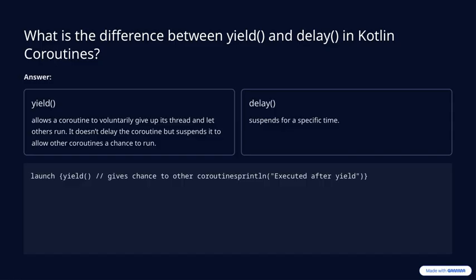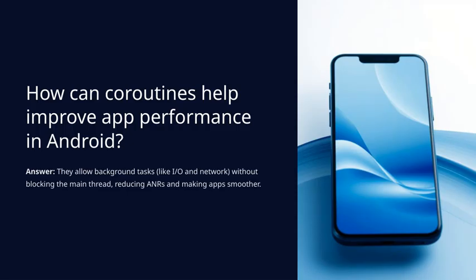So let's talk about how coroutines can really boost your app's performance on Android. Essentially, they allow us to run background tasks, like I/O operations or network requests, without blocking the main thread. This is a game changer because when the main thread is free, your app stays responsive and smooth.